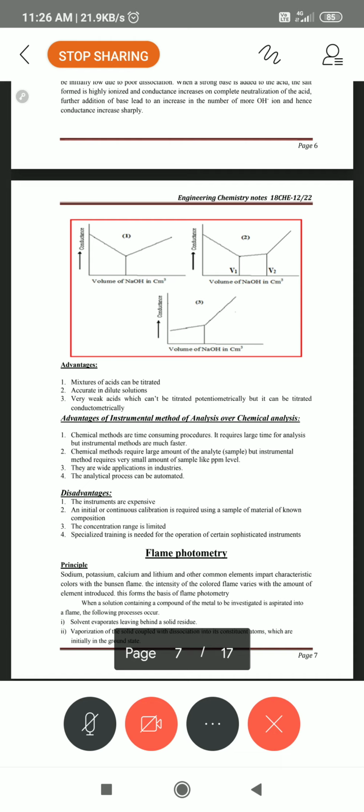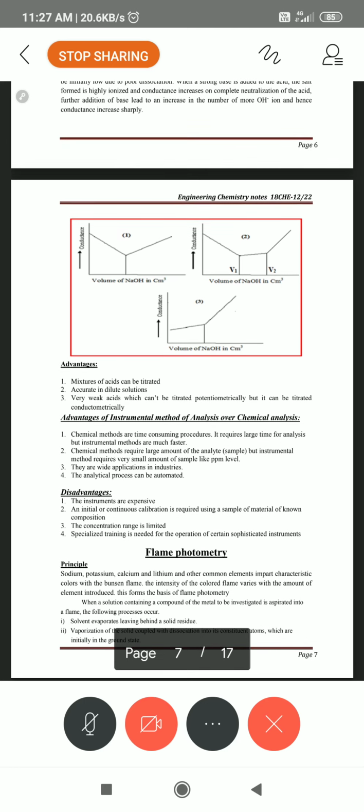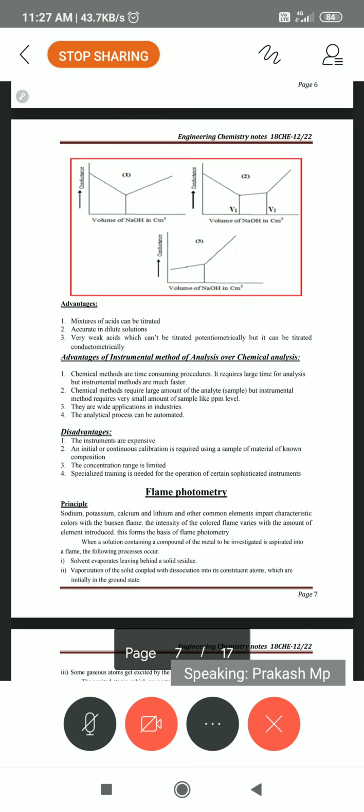So you already understand what ppm is, parts per million. For example, 1 kg expressed in grams, you multiply by 1000. So 1 kilogram is equal to 1000 grams.